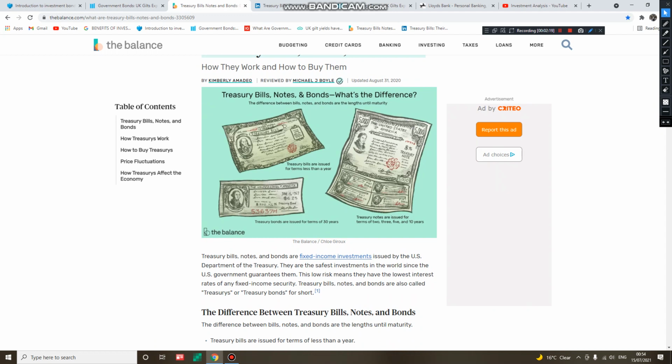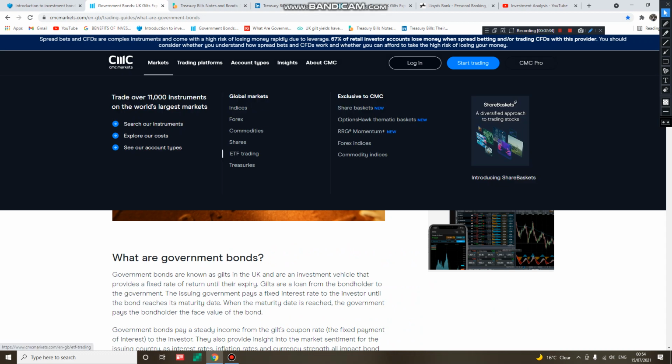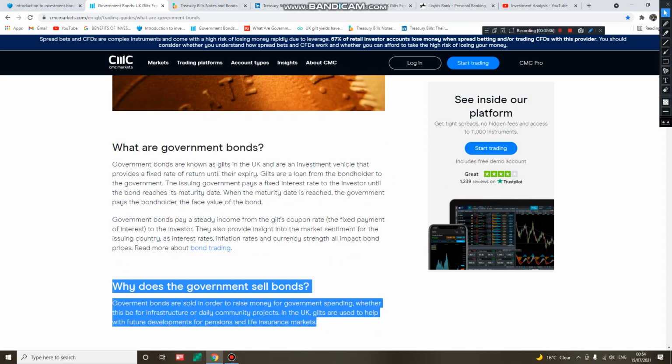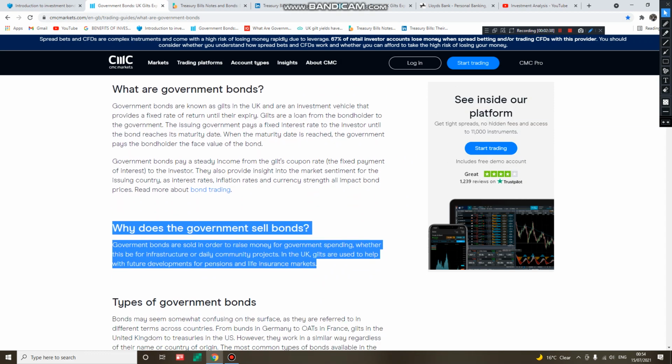Okay, that said, another good question to ask is, why would the government of a country decide to sell some bonds? Well, stay with me. Let me break it down. Now, you see, government bonds are sold to raise money for government spending.